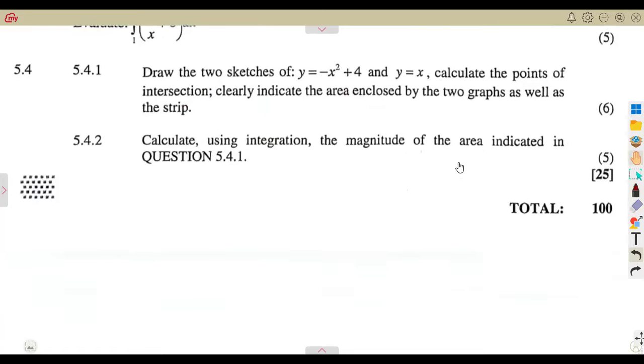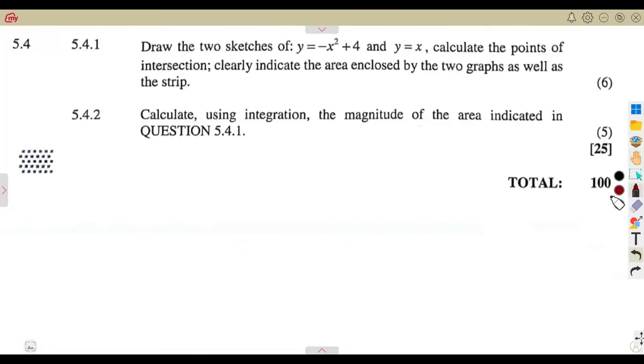5.4, you're asked to draw the 2 sketches of these graphs. Calculate the points of intersection. All right, so let's see, because these 2 graphs will intersect at a certain point.